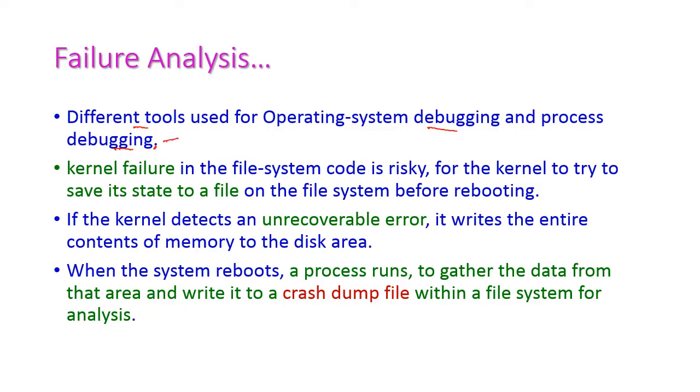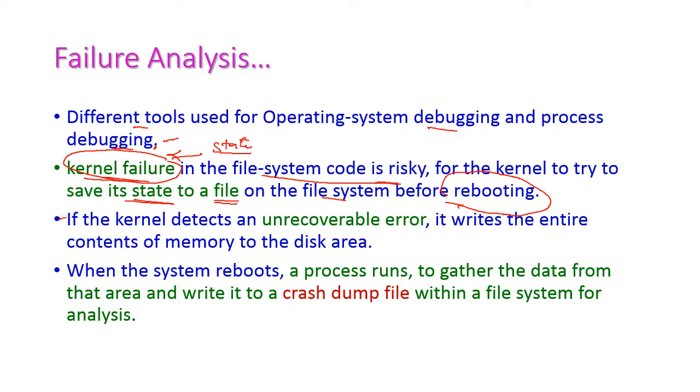If the kernel fails, then the file system code is risky. The kernel tries to save its state to a file on the file system before rebooting the system. Then only we can find at what state the kernel failed, right?